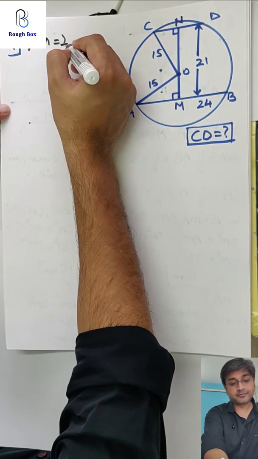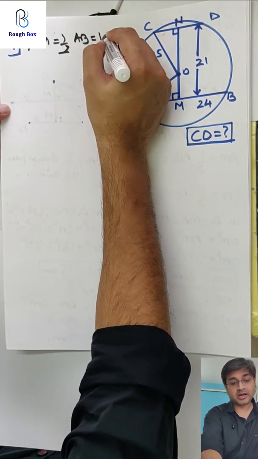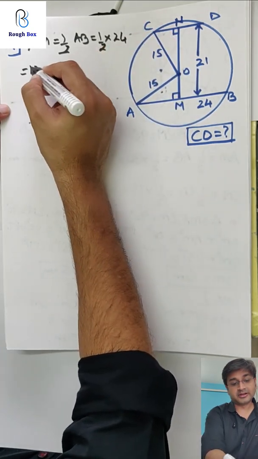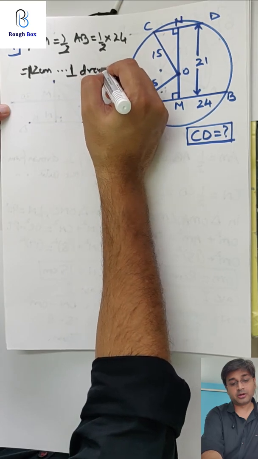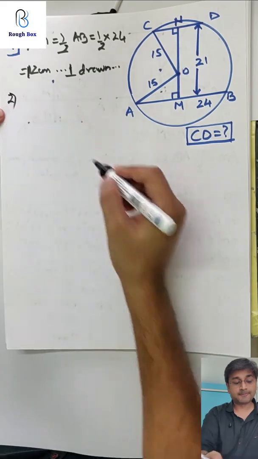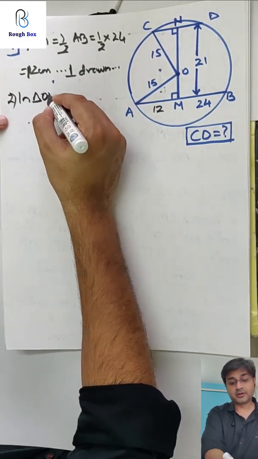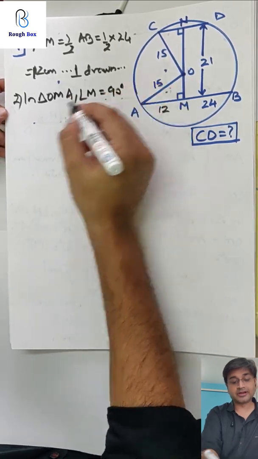I will say AM half of AB. So that's going to be half of 24, which is equal to 12 centimeters. So my reason is going to be perpendicular drawn from the center of the circle to the chord bisects the chord. So we got this 12. Now jumping into the triangle. So in triangle OMA, angle M equals 90 degrees.